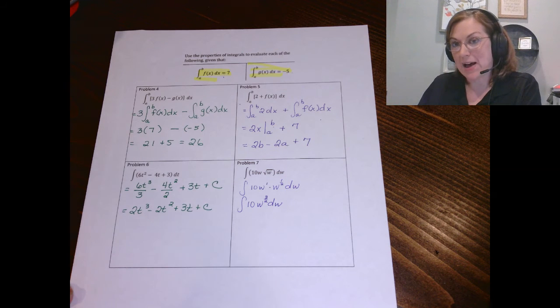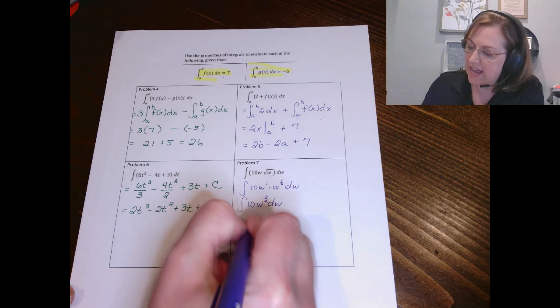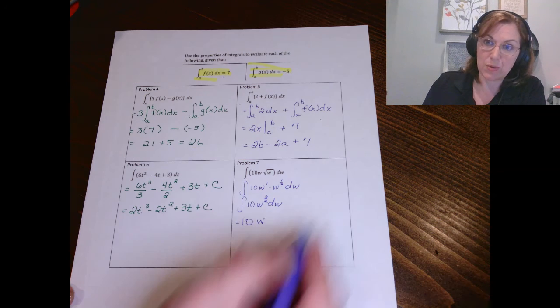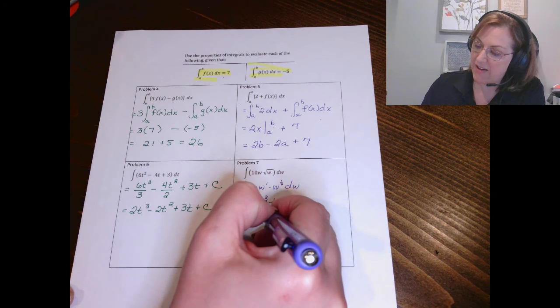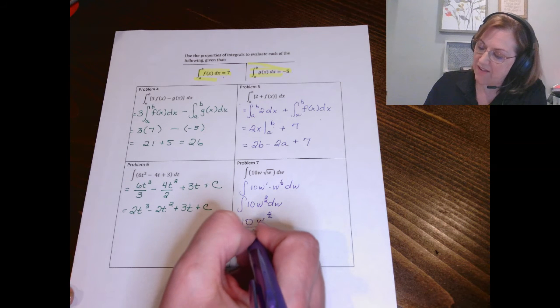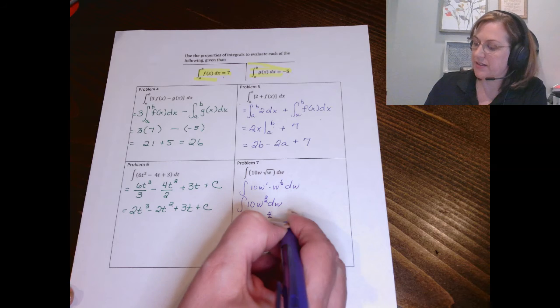Now let's do our powers. Okay, be really careful when you have fractional exponents. So I've got 10, increase the power by 1. So instead of 3/2, that makes it 5/2, puts it over 5/2 plus c.